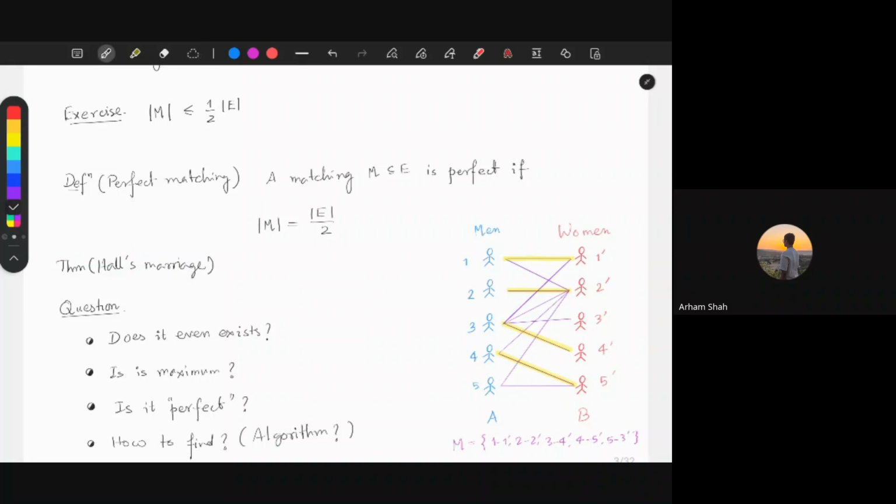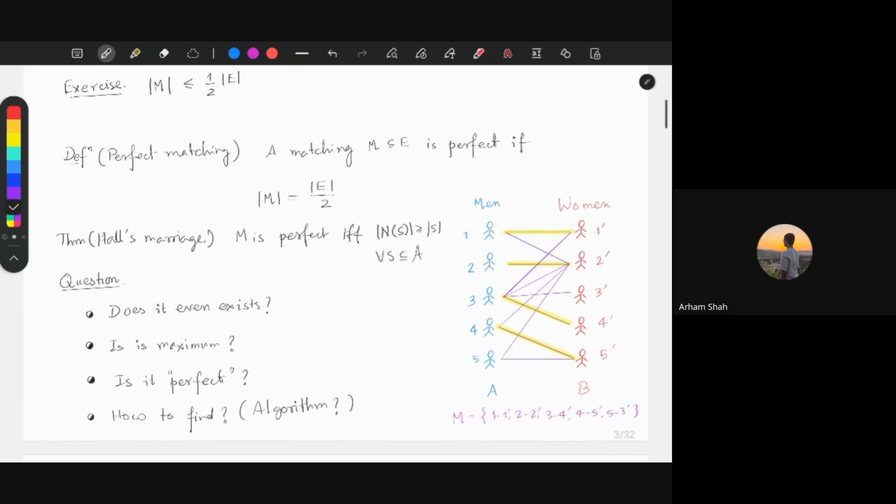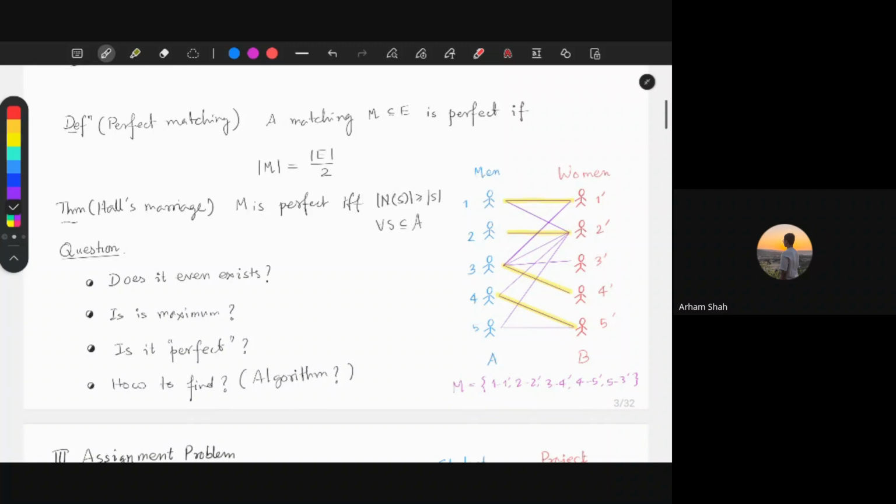For this bipartite graph, M is perfect if and only if, a characterization actually, the cardinality of the neighbors of any set of vertices has to be at least the size of the set, for all subsets in A. So you can try to find one counterexample where it actually violates.